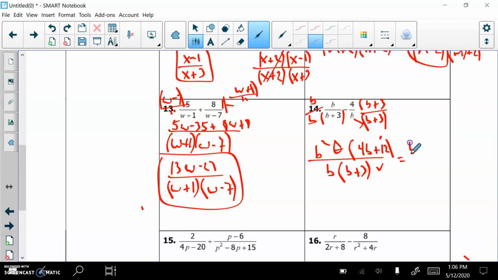So when I put those two together, it's b squared minus 4b minus 12 all over b times b plus 3. Okay, now I want to factor my numerator, b minus 6 and b plus 2.